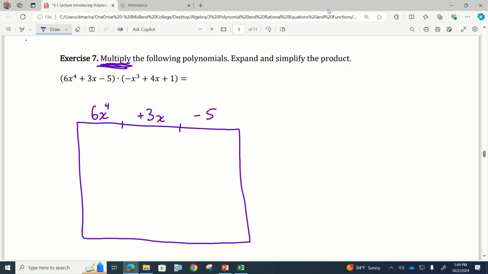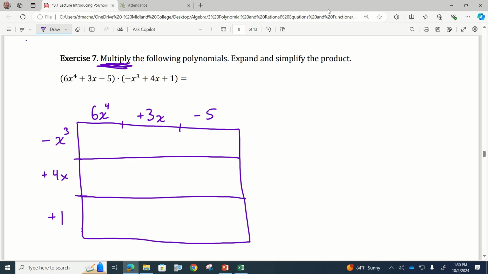And then the other side of my rectangle is going to have the length negative x cubed plus 4x plus 1. And multiplying these polynomials is going to be equivalent to finding the area of this big rectangle. And the easiest way to do that is to segment this large rectangle into 9 smaller rectangles. And we find the area and we add them up.